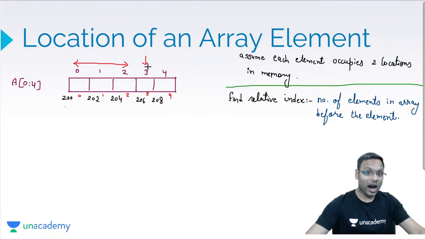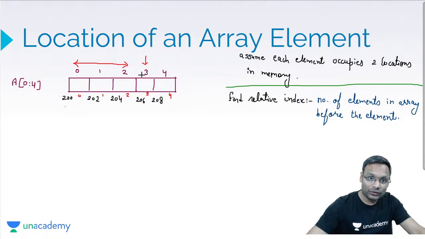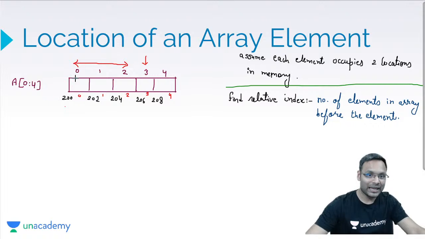How far is it? How much distance is index 3 stored from the base address? Base plus 6. And how did I get that 6?